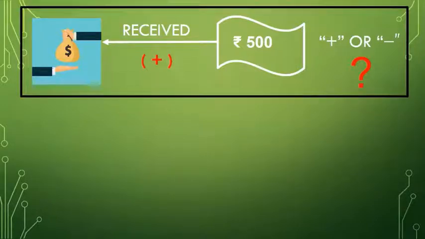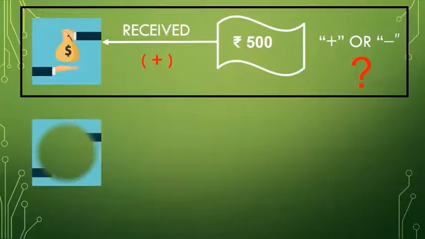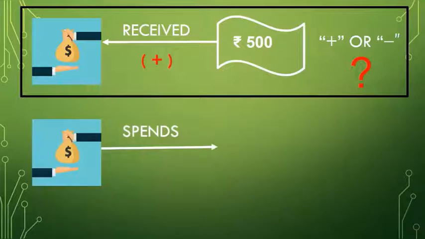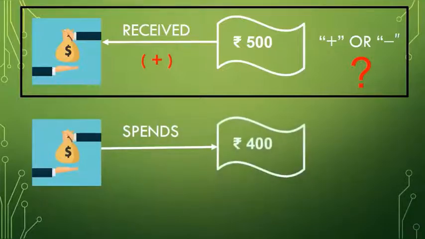But what if this situation was completely the opposite? So that means, what if Aman spends 400 rupees from his own pocket money? Now what do you think? Will it be plus or minus?